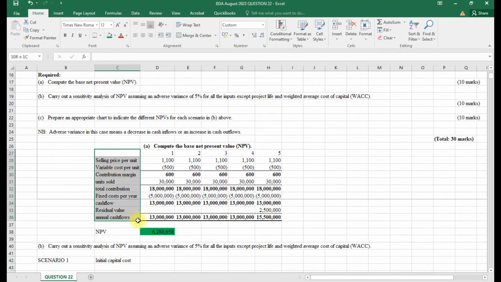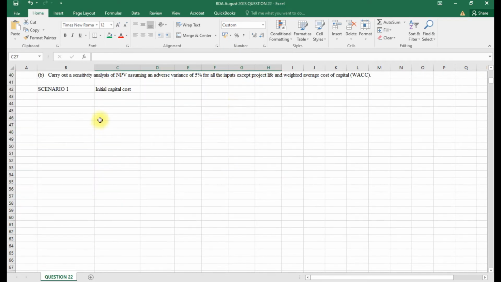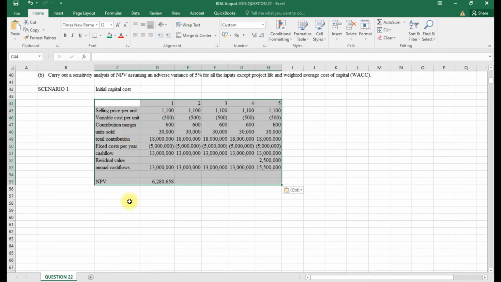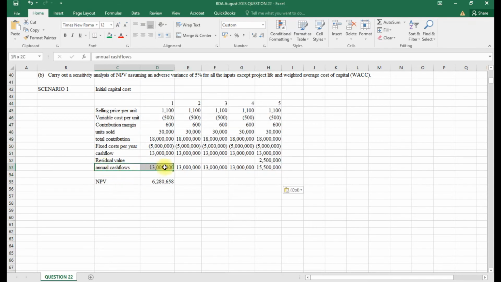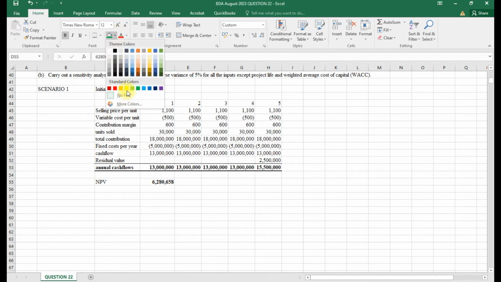So I'll copy this and paste it here, and I'll paste only the values. And I can change this, and I bold my NPV and change the color to yellow.